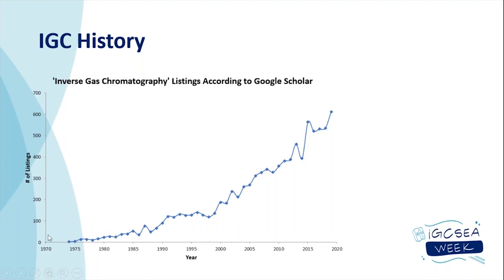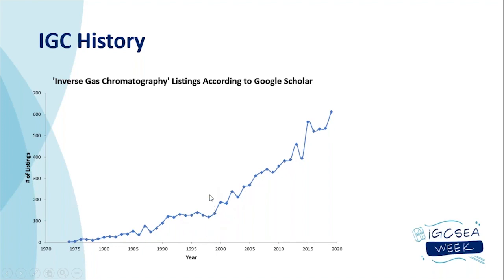As I mentioned, inverse GC has been around for quite a while. And this is just a histogram plot. If you did a Google Scholar search of the phrase inverse gas chromatography and took the number of references per year, you can see it has been around for quite a while. And in particular, in the last 20 to 25 years, it has seen significant growth.